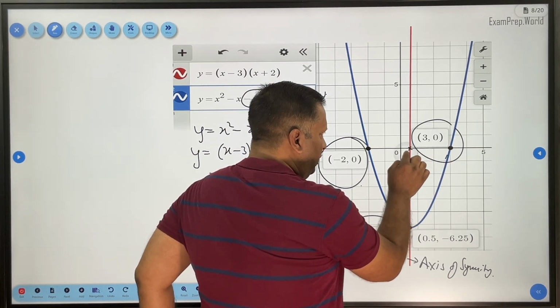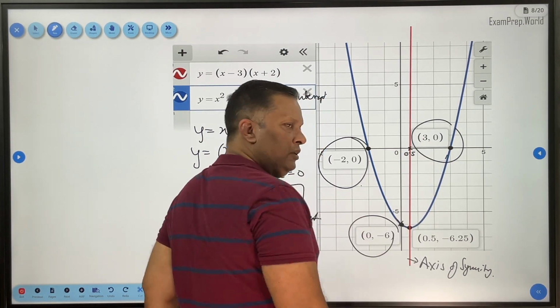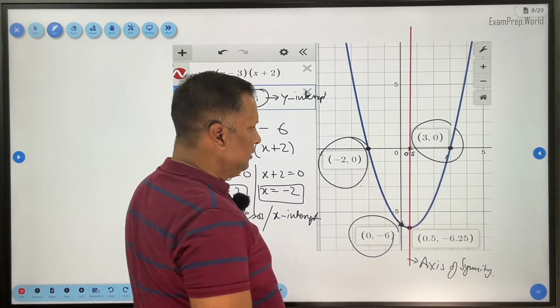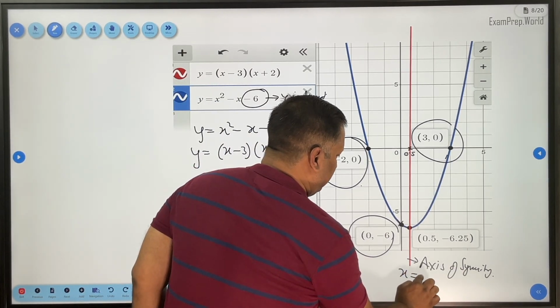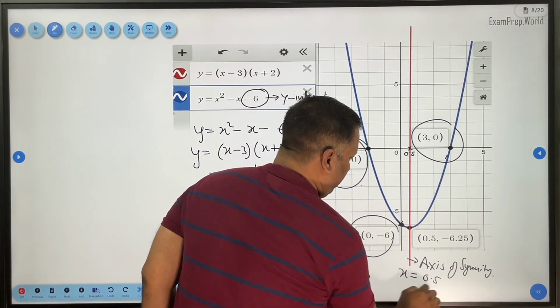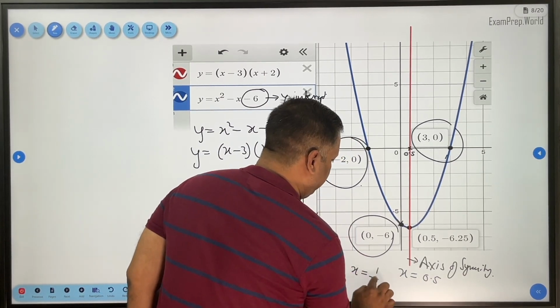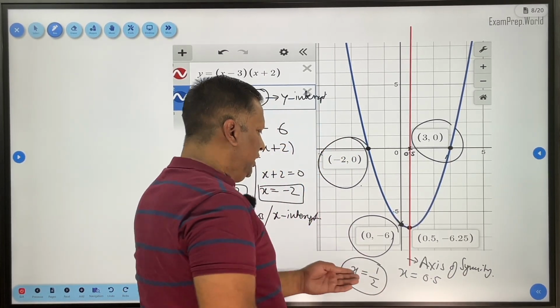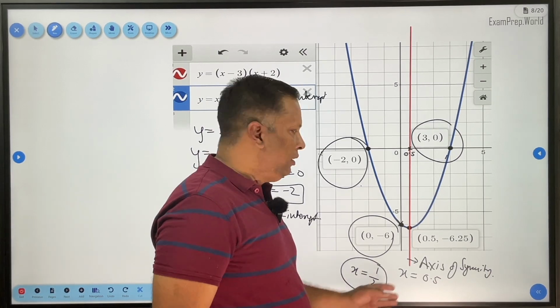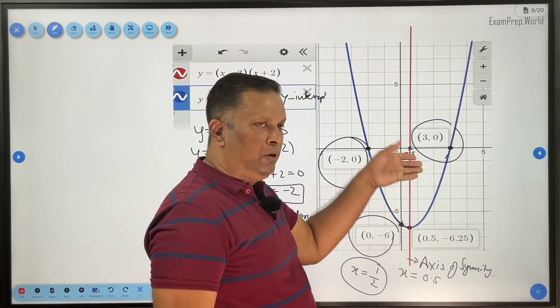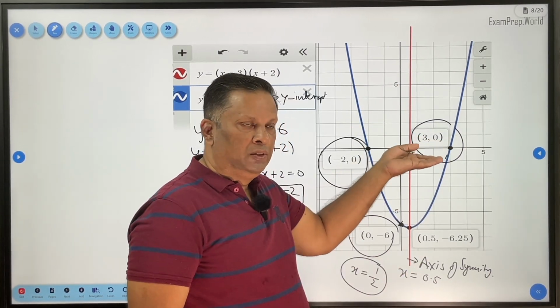So this point is 0.5, correct? So we can write the axis of symmetry is x equals 0.5, or x equals half. It's a vertical line perpendicular to the x-axis, crossing the x-axis at 0.5.